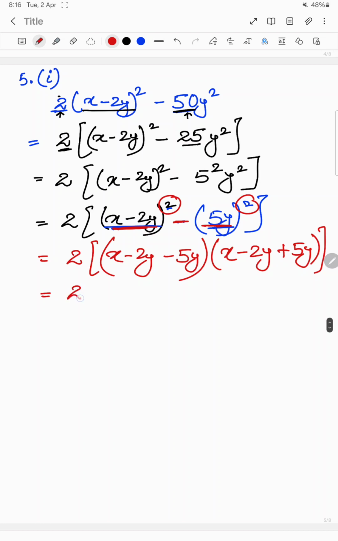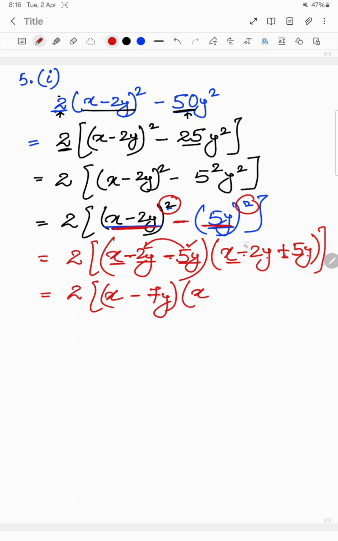So this gives me x, I have only one x, so I write x. Here I have minus and here I have minus. Here 2y, 5y. Minus minus is plus, so 5y plus 2y will give me 7y. This 5y is bigger and the sign of 5y is minus, so that minus comes here, into here I have x, single number, minus 2y plus 5y.